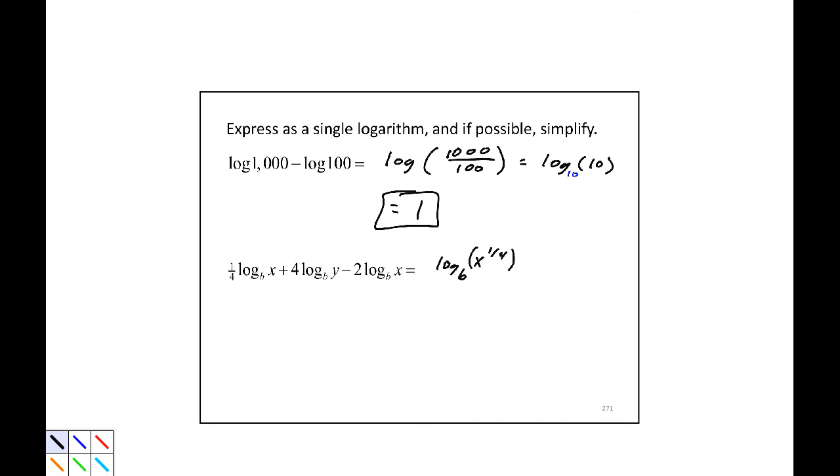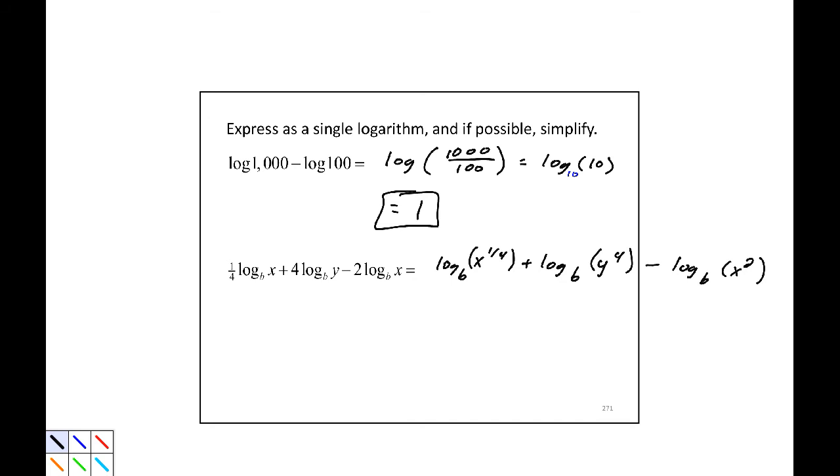All right, now the 4 log base b of y would be written as plus log base b of y to the 4th power, minus log base b of x squared from our coefficient of 2.